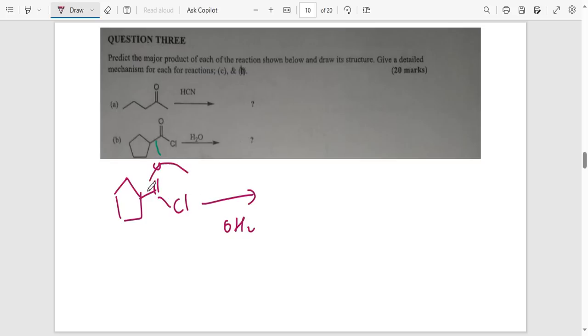Now, this is an acyl compound. When you see a double bond with oxygen, a chlorine at one end and the other group at the other end, you can react an acyl group with water, and what you'll be able to form is going to be an acid.